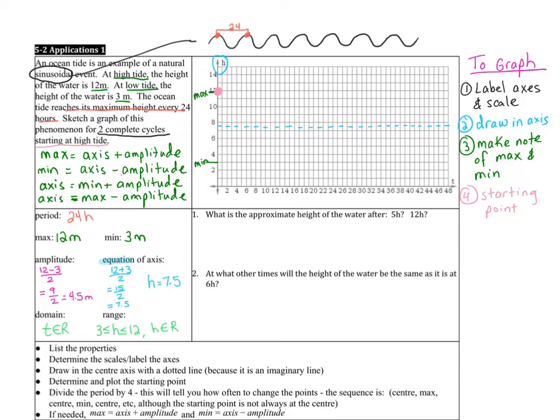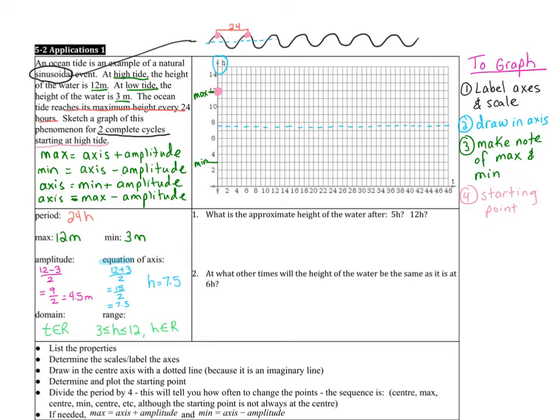Now for the next part, I just need to explain something. In this little diagram up here, your axis would be in the center here. It's not exactly center, but let's pretend it is. So if this is your starting point right here, then to get to the finishing point, we're going to be plotting 4 key points.